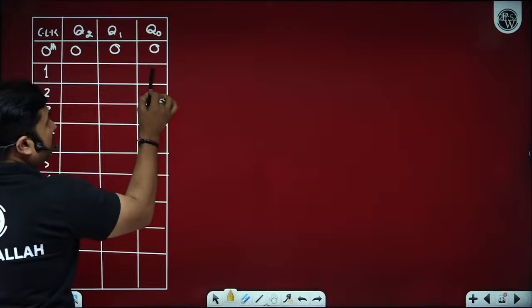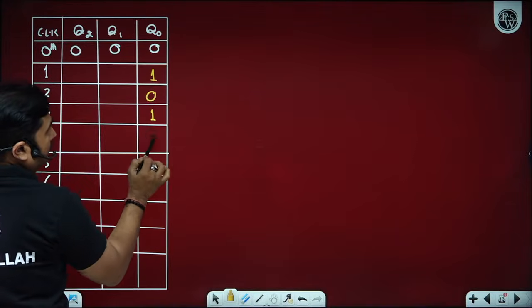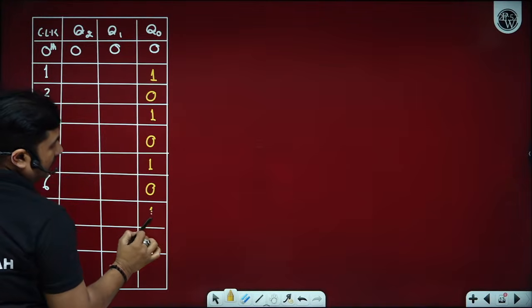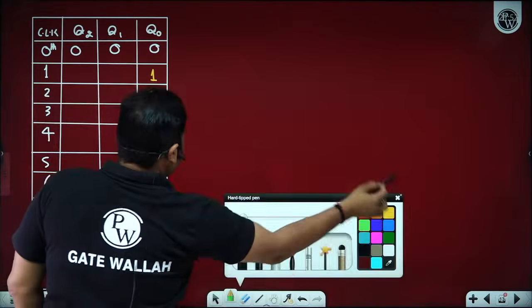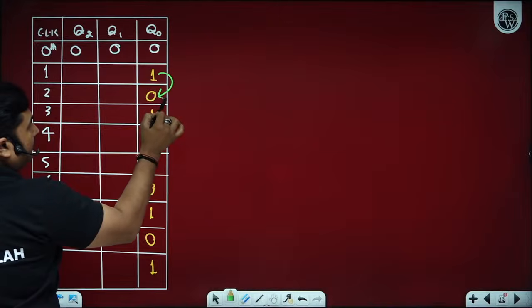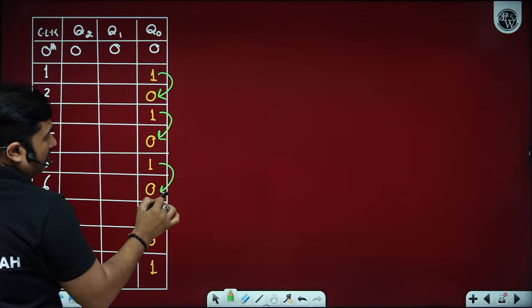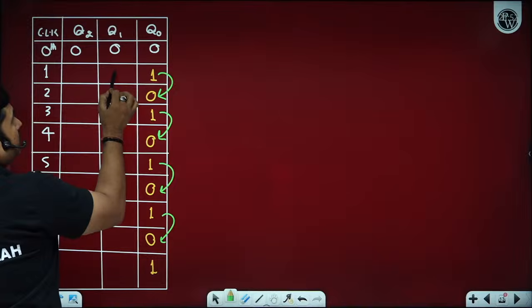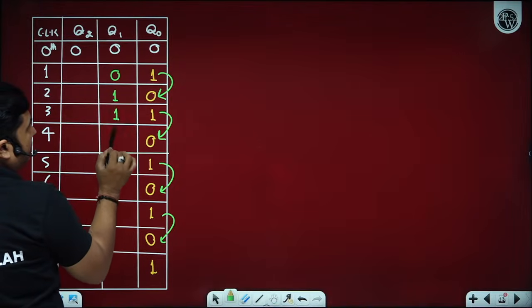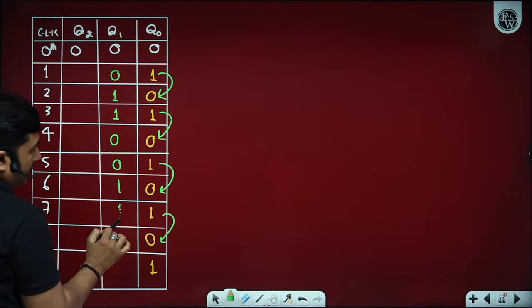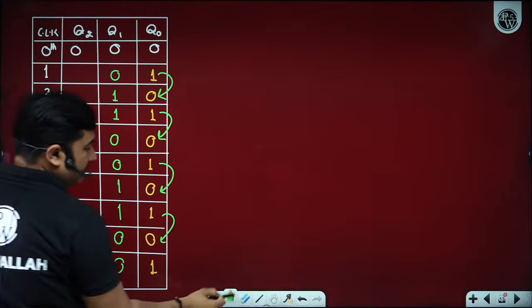So if it is 0, it toggles to 1, 0, 1, 0, 1, 0, 1, 0, 1. However, Q1 toggles only when Q0 changes its level from 1 to 0. So it toggles only when it changes its level from 1 to 0. How many of you able to understand, beta ji?